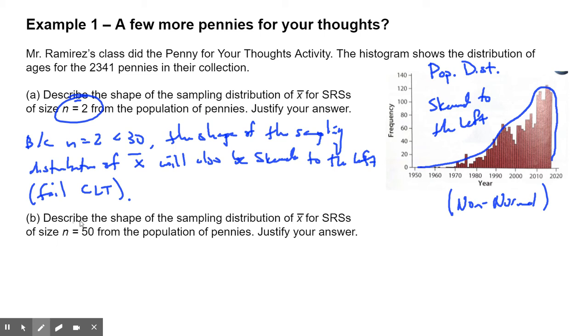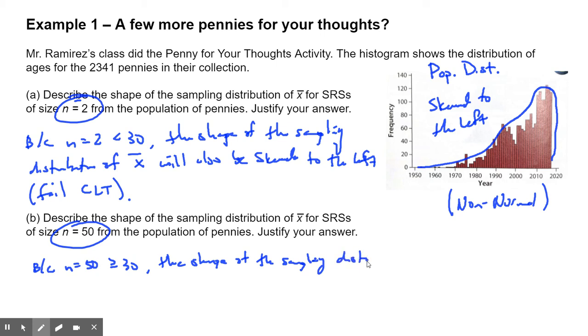Part B says, now describe the shape of the sampling distribution of x bar for SRSs of size n equals 50 from this population. Justify your answer. Now we say because n equals 50 is greater than or equal to 30, it's at least 30, the shape of the sampling distribution of x bar will be approximately normal. And when you're doing this in Edulastic, please put the words x bar.